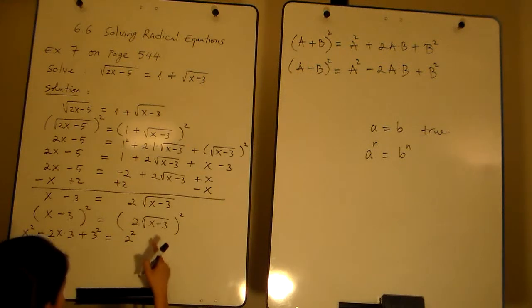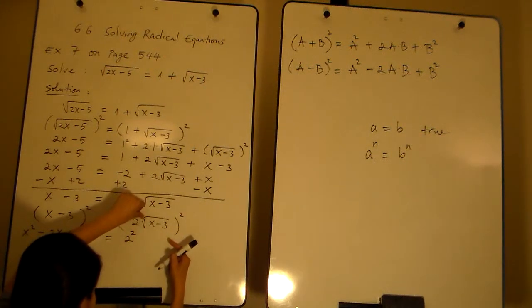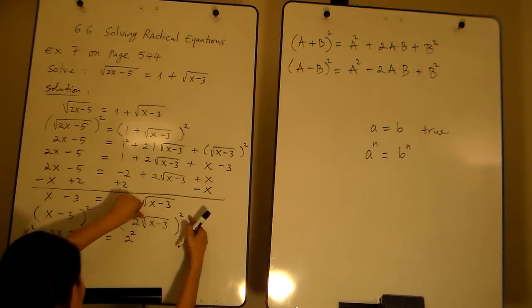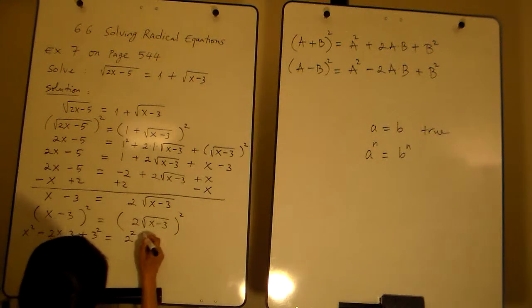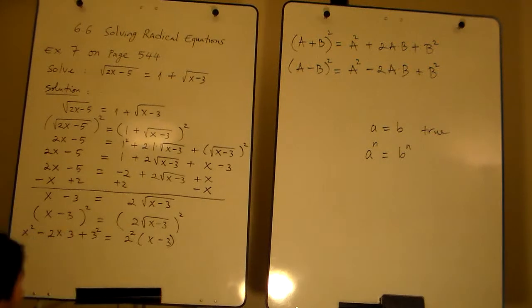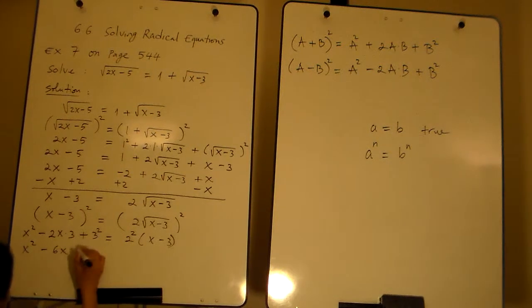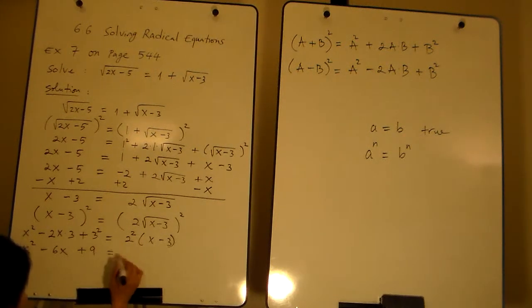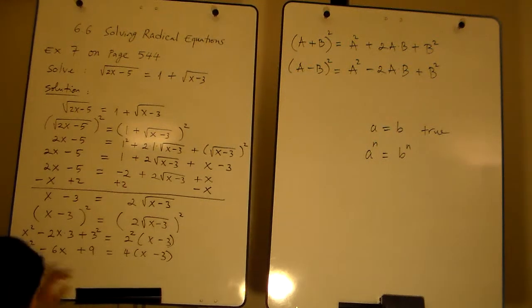Now, because the index is 2 for the square root, the outer exponent 2 matches the index. You can simplify this radical as x minus 3. And simplify, we have x squared, 2 times 3 is negative 6x plus 9 equal to 4 times x minus 3.